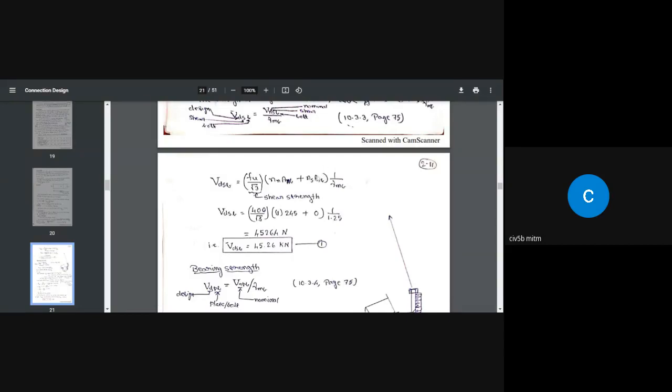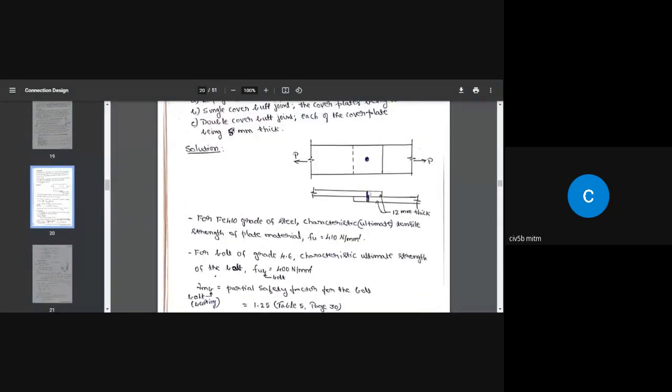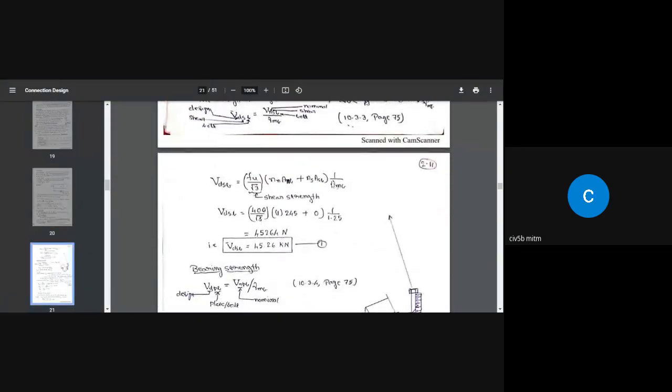Okay, so here this does not arise. This is equal to 0. The reason is we assume that the shear plane is passing through the threaded area, and there is only one shear plane. That's why this ns becomes 0. Once ns becomes 0, the whole term becomes 0 automatically.